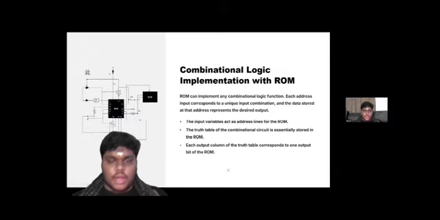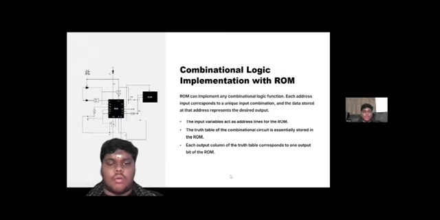Now coming to the next slide. This slide explains how ROM can be used to implement combinational logic circuits. Normally, we think ROM is only for storing data, but here ROM acts like a logic device. The input variables work like address lines, and each address represents one combination of inputs. Whatever output we need for that particular input, we store it in that ROM location.